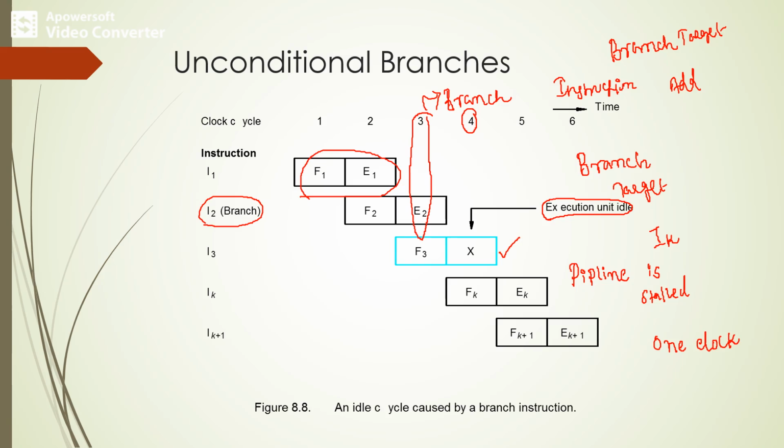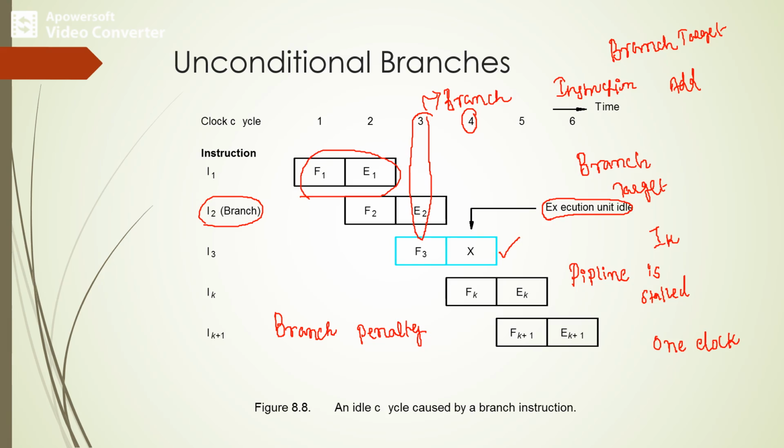The time lost as a result of a branch instruction is often referred to as the branch penalty. So the time lost, during which the actual execution phase is idle, that penalty is called the branch penalty. The penalty occurs with respect to the branch instruction, so I can call it the branch penalty.